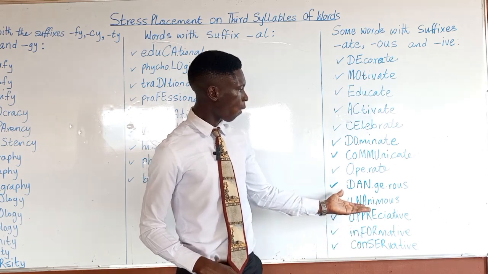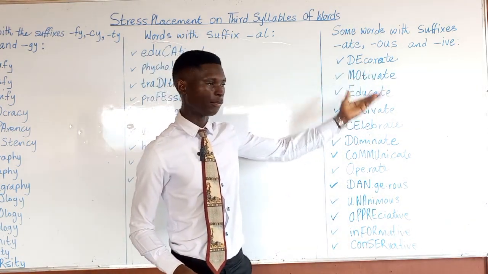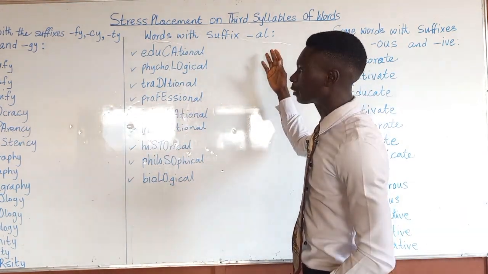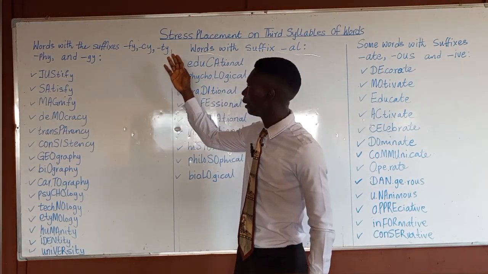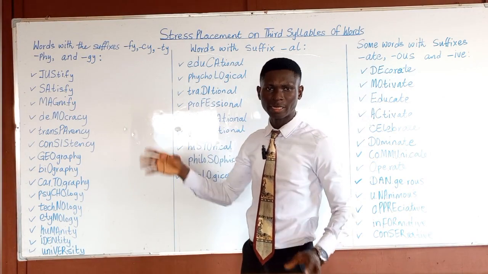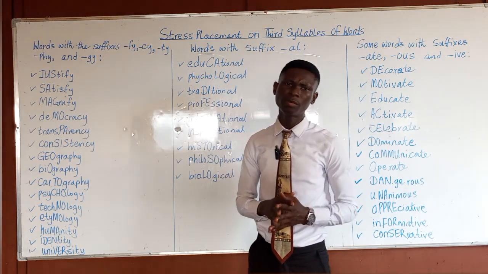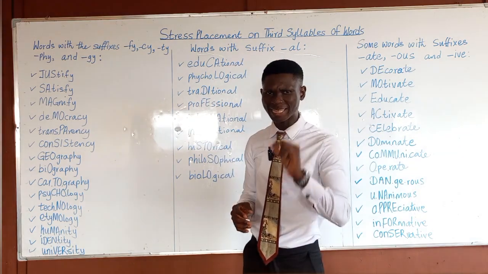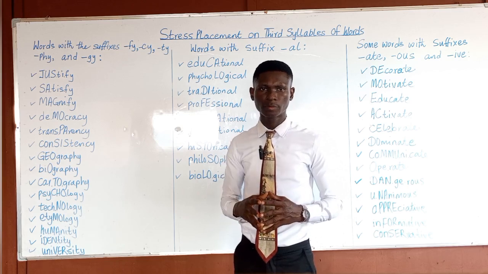But in most cases, where you have ate suffix, where you have al suffix, and where you have fy, cy, ty, phy, and gy, you're likely to have the stress on the third syllable. So it shouldn't be a difficult task for you henceforth to indicate the stress syllable in words.